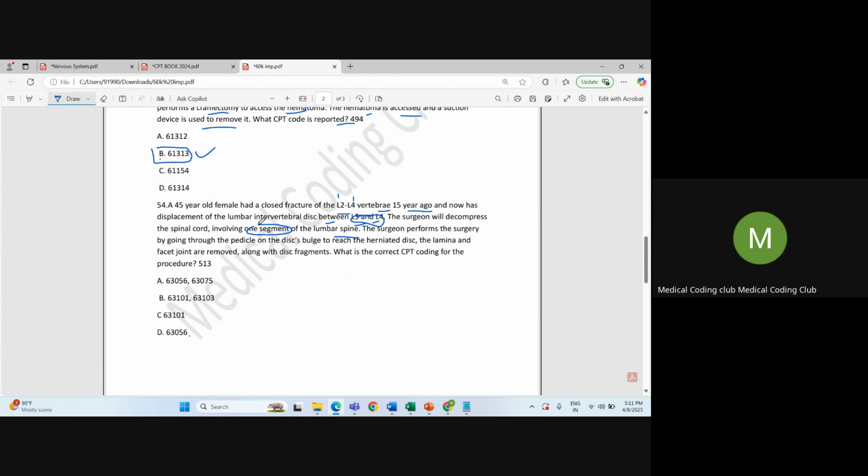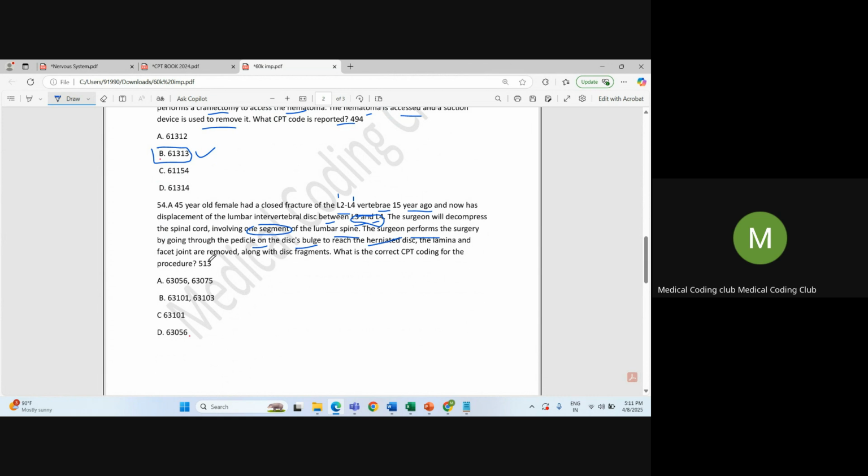You have to always check, whenever they are talking about segment or interspace, how many segments they are decompressing or how many segments are being removed. Likewise, check how many interspaces are there between the segments. One segment on lumbar spine, the surgeon performs surgery by going through pedicle on the disc bulge to reach the herniated disc.